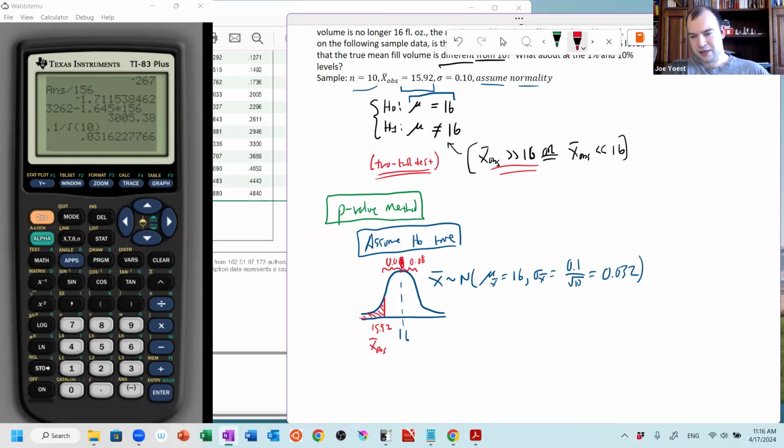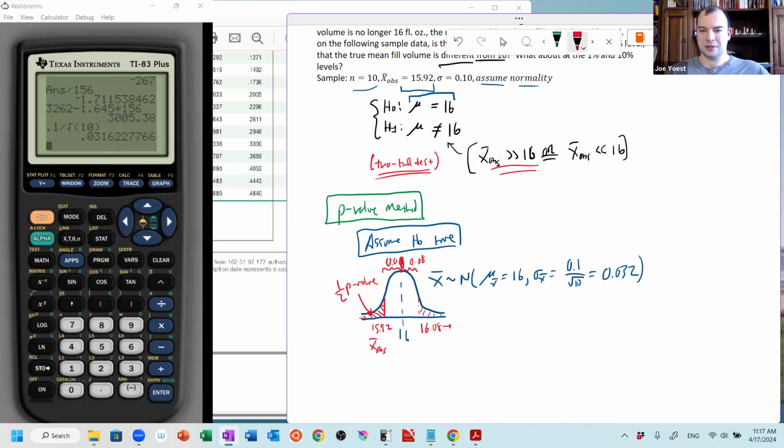So I also have this kind of mirror image rejection region, or this mirror image type 1 error contribution from 16.08 to the right as well. So this area over here is really, it's kind of my p-value, but it's only 1/2 of my p-value because I have this mirror image on the other side also contributing to the error rate.